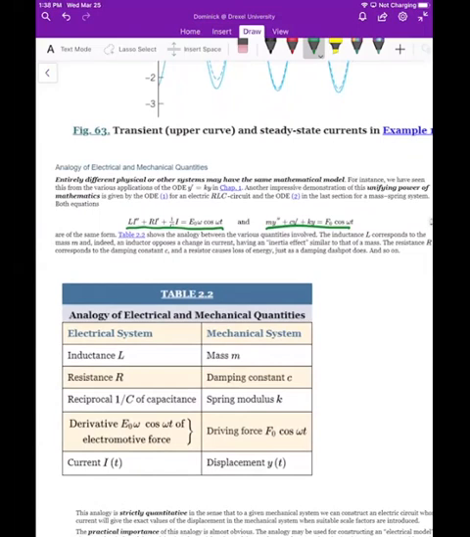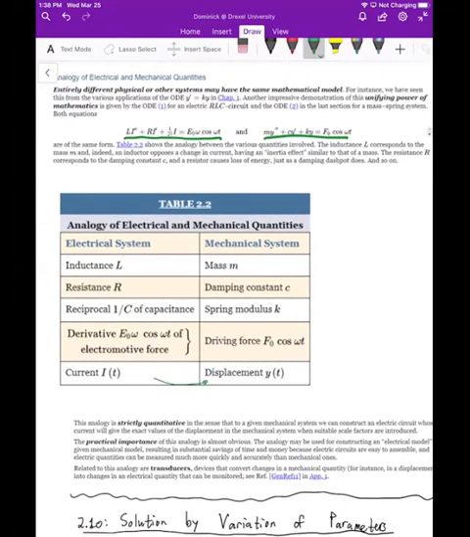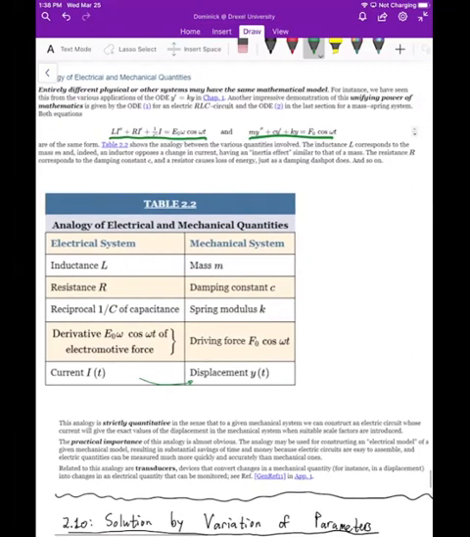And then the capacitance is like the spring constant K, and the important one here is that the current is like the displacement, right? Now this of course is just a numbers analogy here. It's not right that electric and mechanics are the same thing, but there is this relationship here.